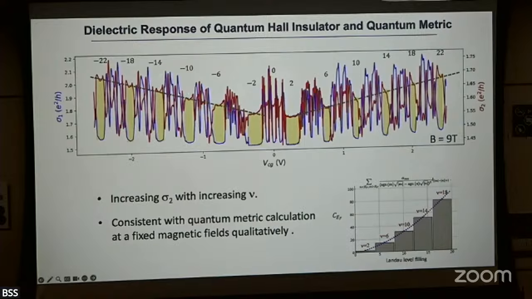To understand that, we have to go beyond this. In fact, those nice shapes around here are potentially related to some sort of Wigner crystal formation in this particular Landau level.